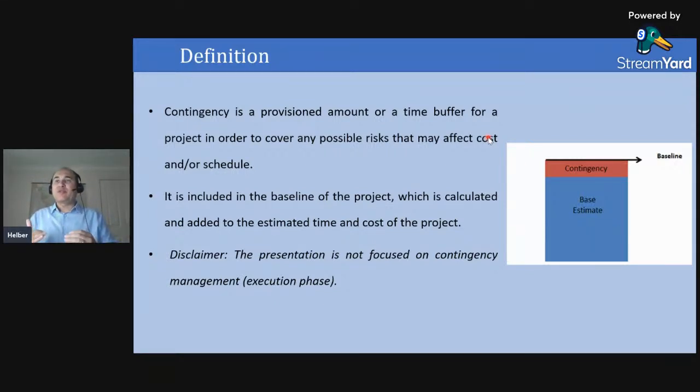To avoid cost overrun, I have the contingency to protect my project. The second important point is that contingency should be included in the baseline of the project. I calculate my costs, I prepare all the labor, the material, all the components that I need to execute my project. Then I should add a contingency, and it will be part of the baseline of my project, to ensure that I will not have a cost overrun.